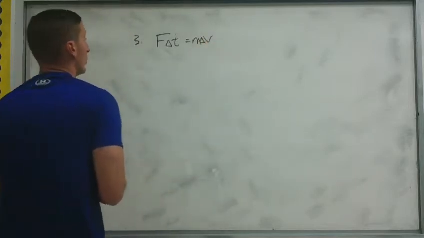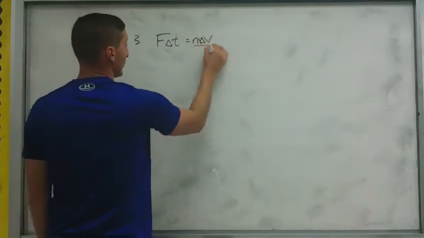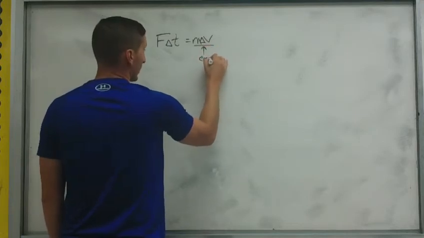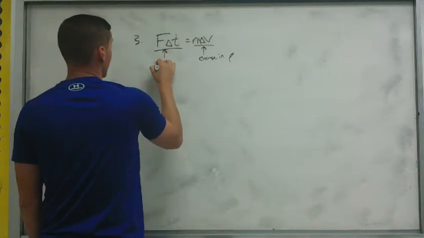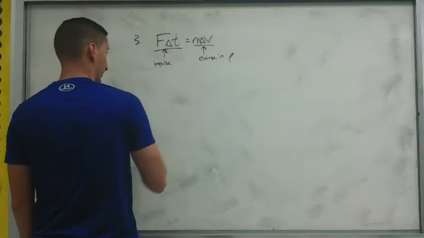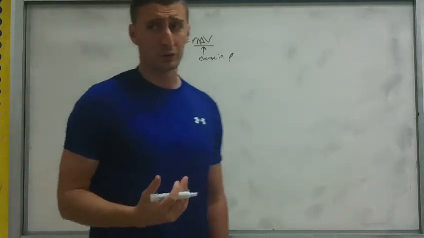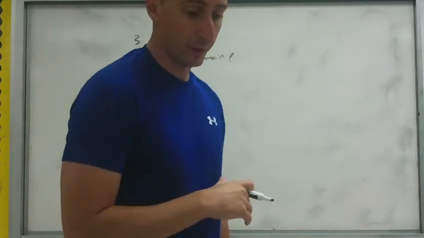This side is equal to change in momentum. This side is equal to impulse. So anytime they give you a force, you're probably going to be working with the impulse-momentum theorem equation.